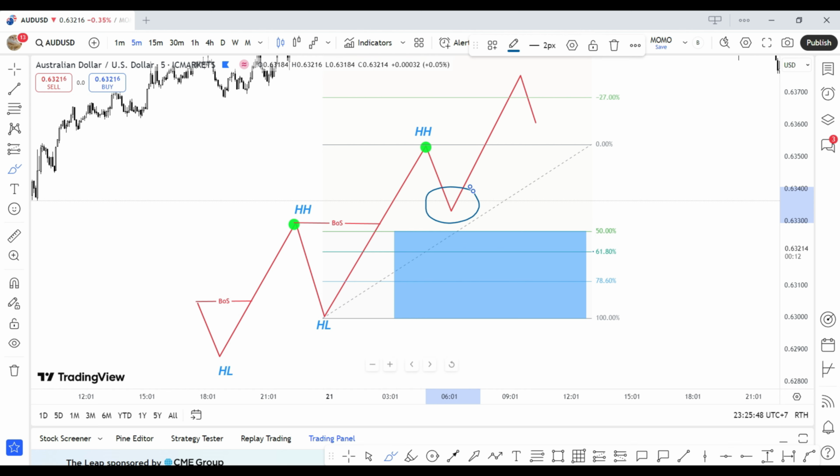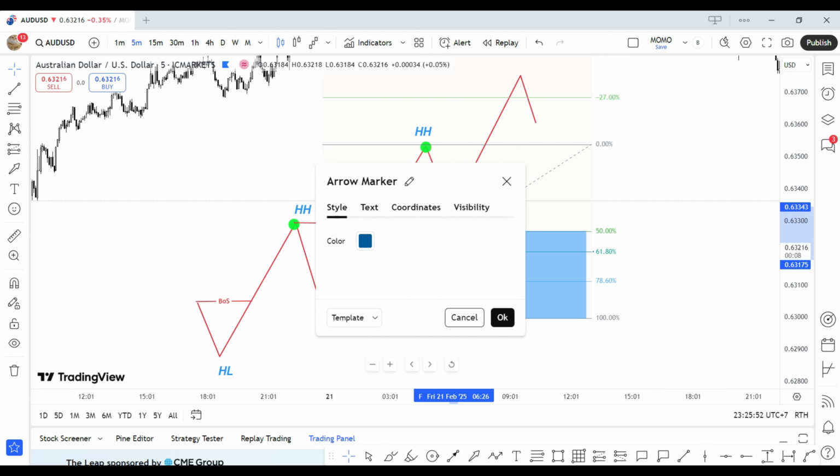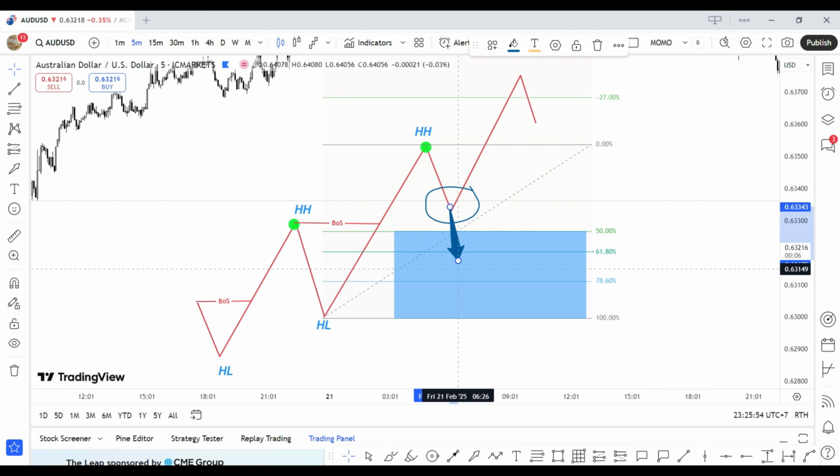The market failed to retrace to our trading zone. Until here, everything is good. We still don't have an extreme zone. When will this zone be confirmed as an extreme zone?